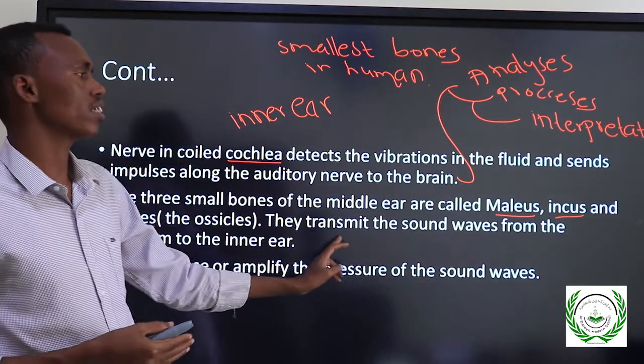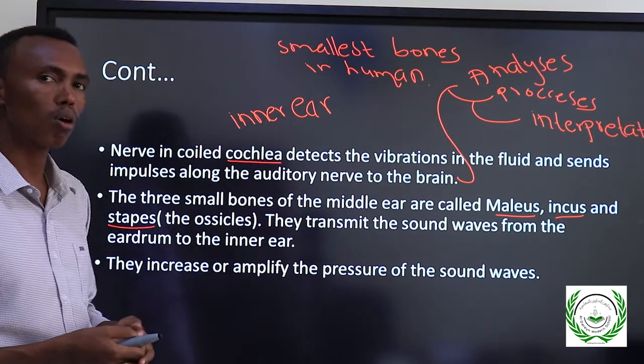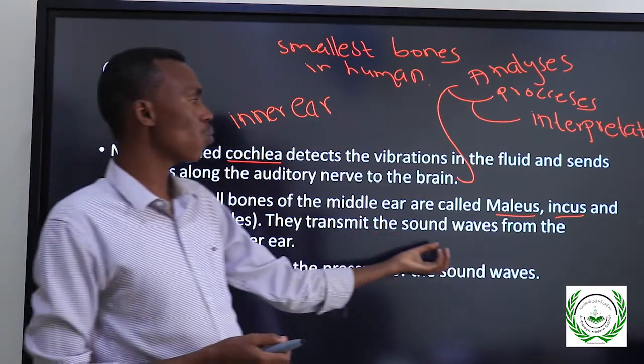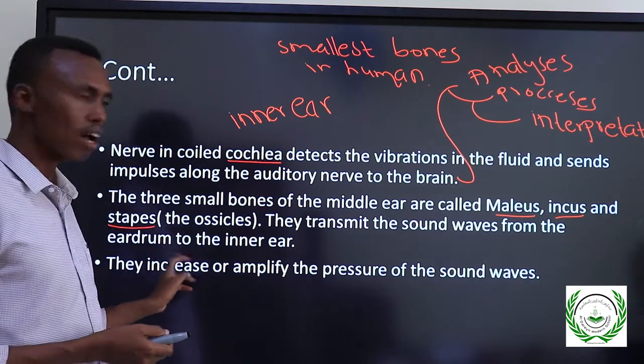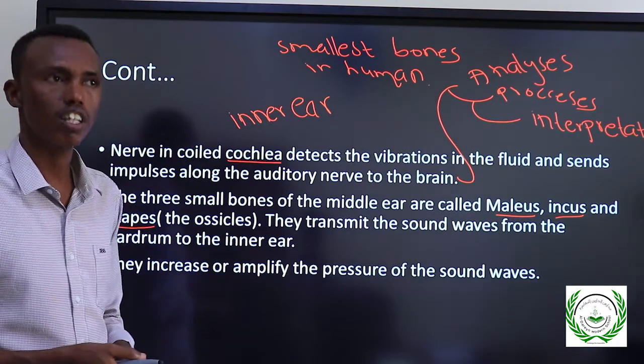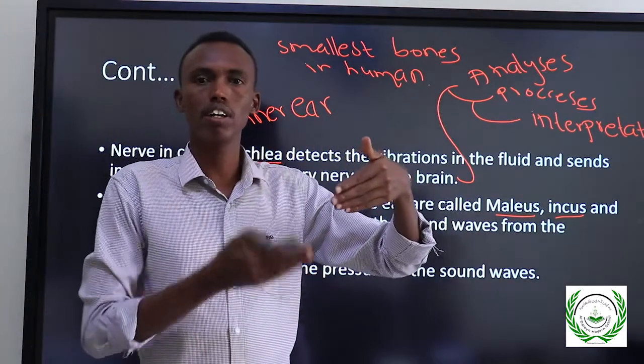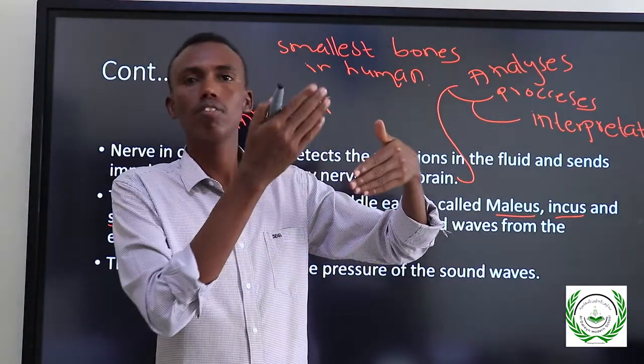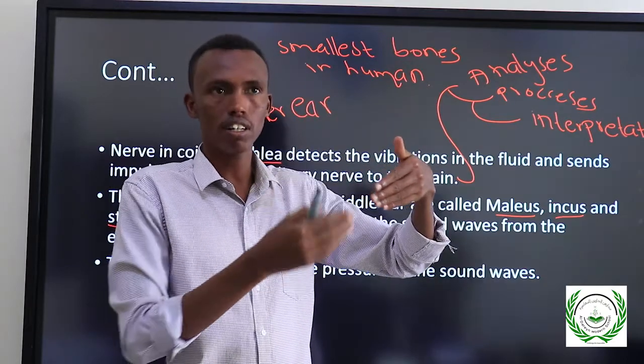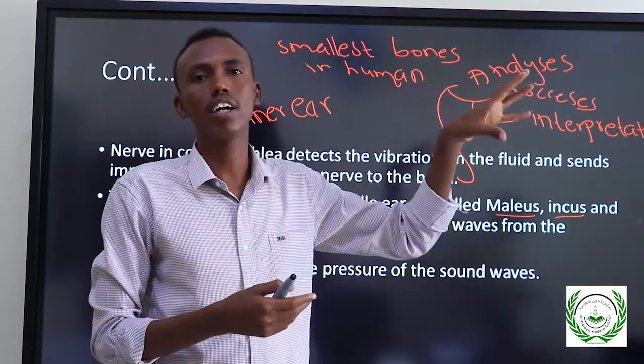So these small bones transmit the sound waves from the eardrum to the inner ear. Remember, the eardrum separates the middle ear from the outer ear.